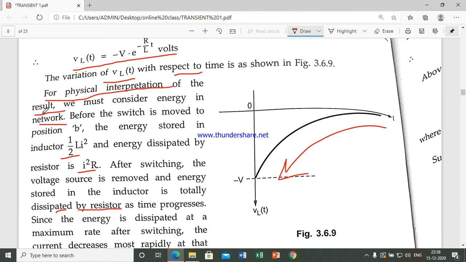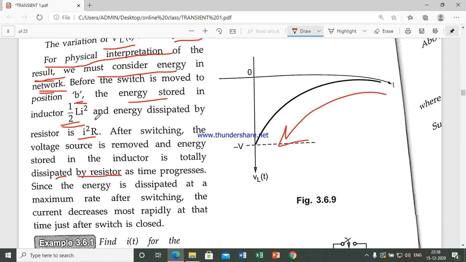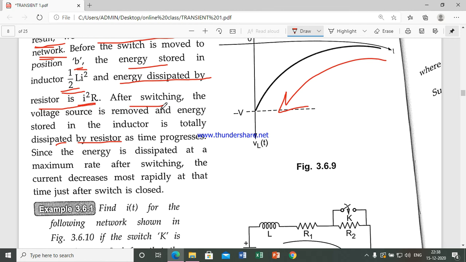For the physical interpretation of this result, we must consider the energy in the network before the switch is moved to position B. The energy stored in the inductor is 1 by 2 L i square, and the power dissipated through the resistor is given by i square R. After switching, the voltage source is removed and the energy stored in the inductor is totally dissipated by the resistor.